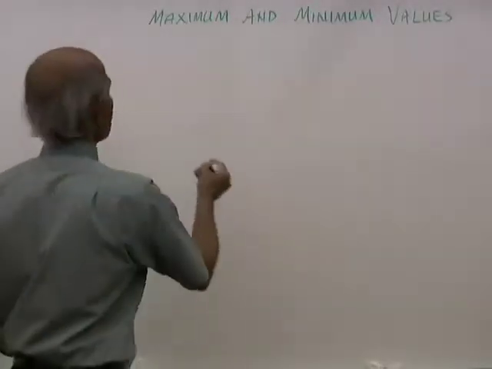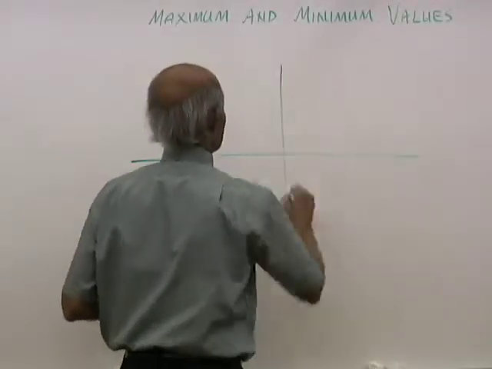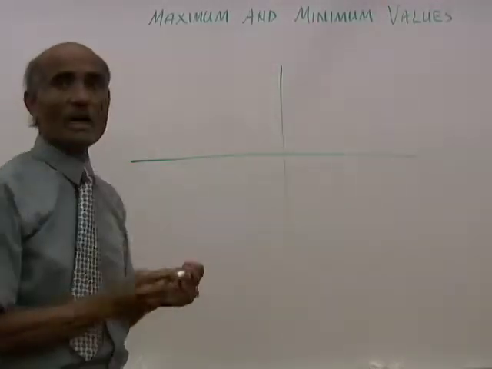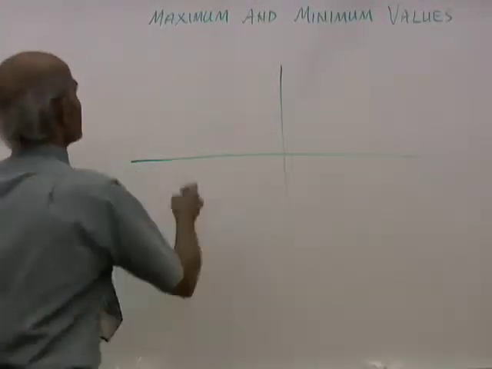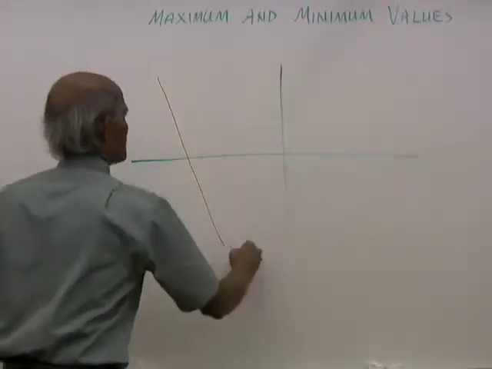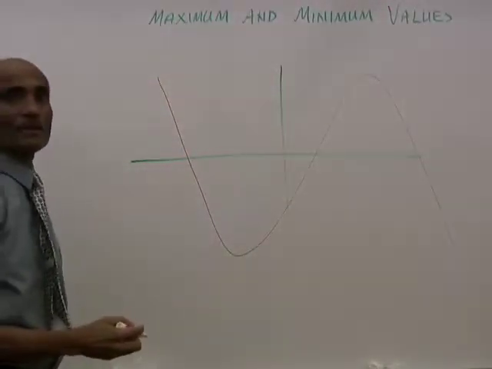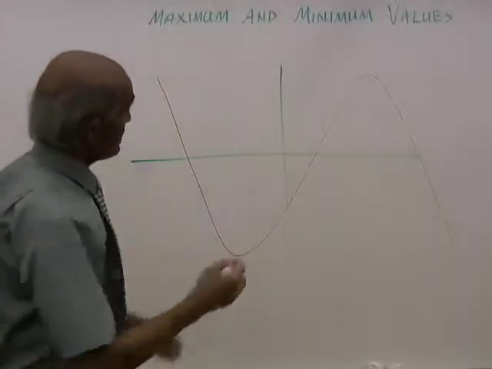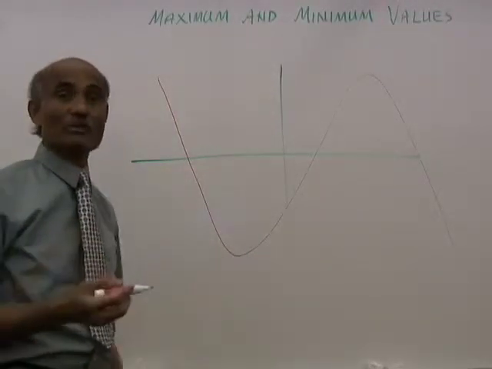Now, let's take, for example, a graph something like this. We got the x-axis and the y-axis, and let's say this is the graph of a function. Now, it tells you a lot of stories about what that function behavior is.